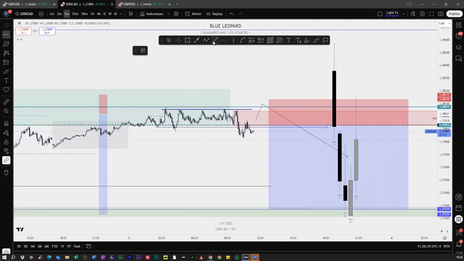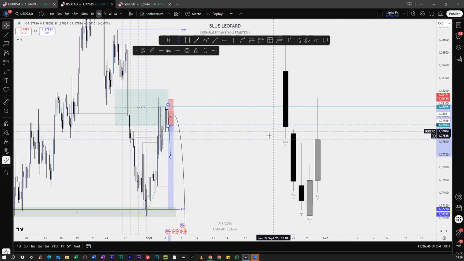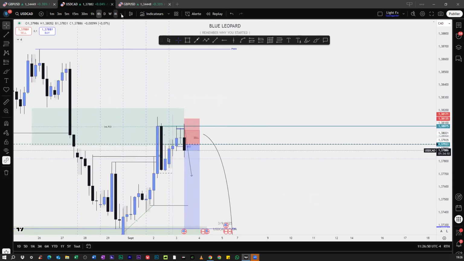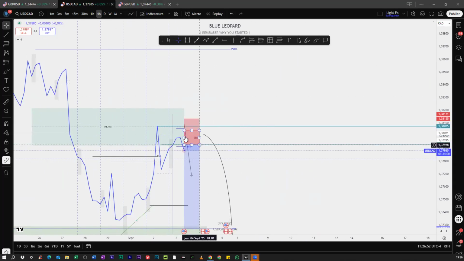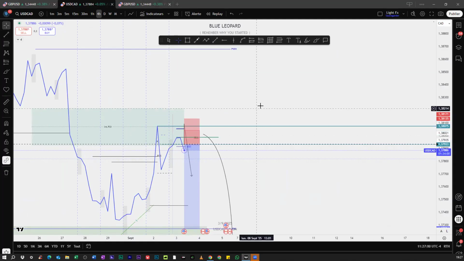What I'm waiting for is to see a liquidity grab here. And from there, I will target here again, because I can see after this move, I can have another H4 level. We are forming another key level and I don't want to trade against it now. I'm waiting for price to confirm that this is a real key level.